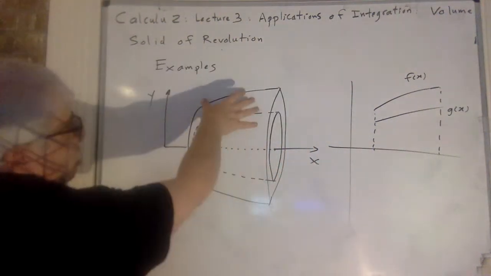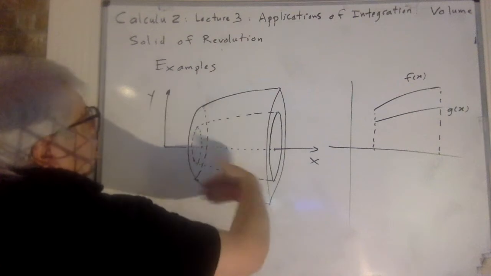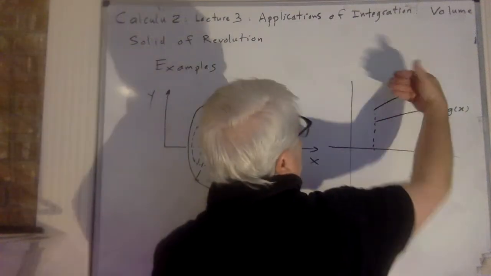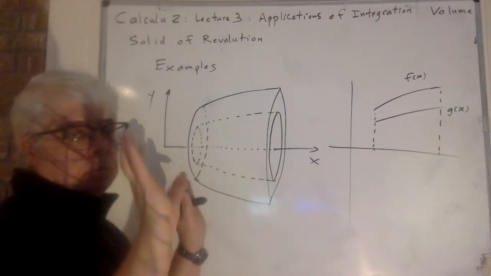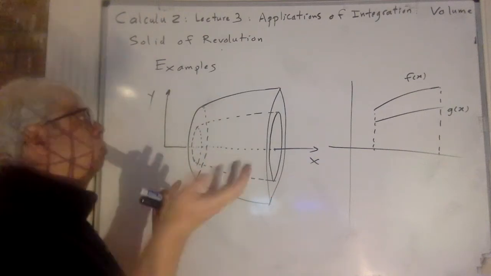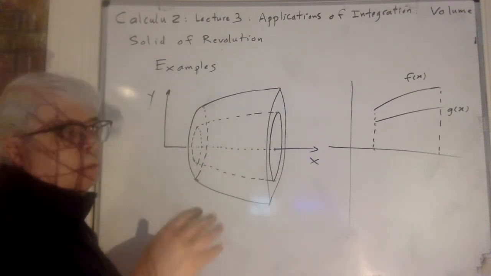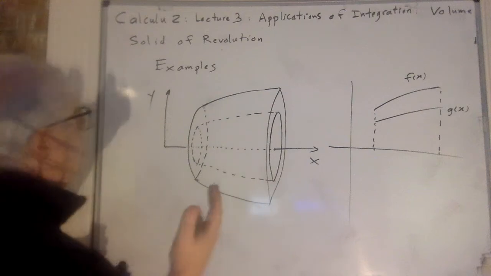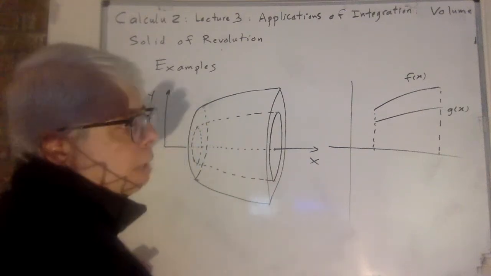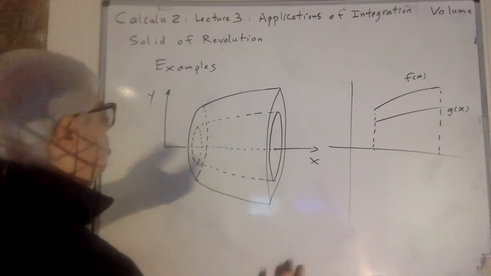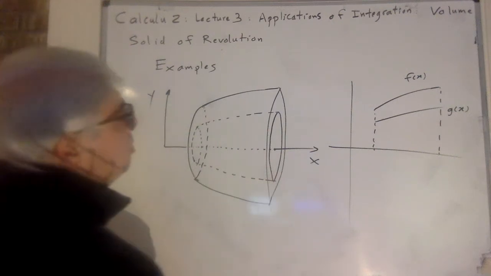You can see that this region, you just imagine this goes round and it produces like a thickness, something like, I don't know, like a glass. Well, a glass is something which has thickness.